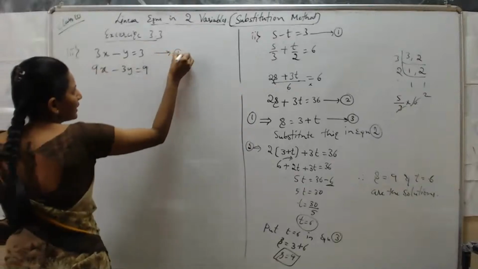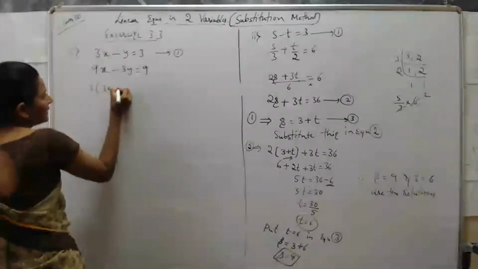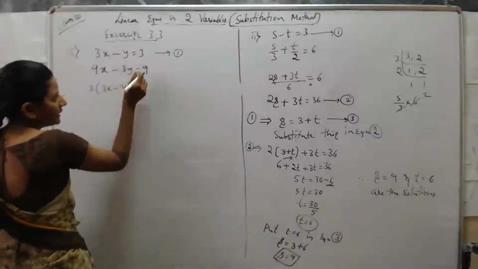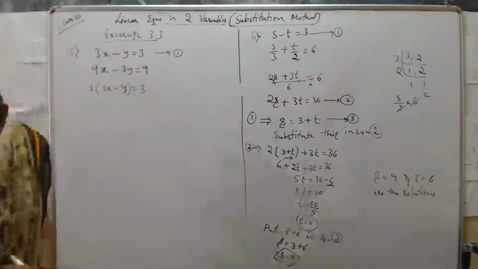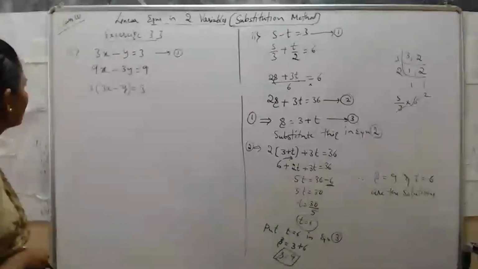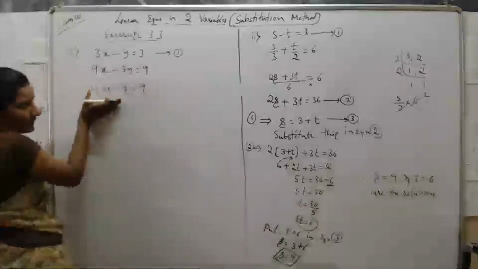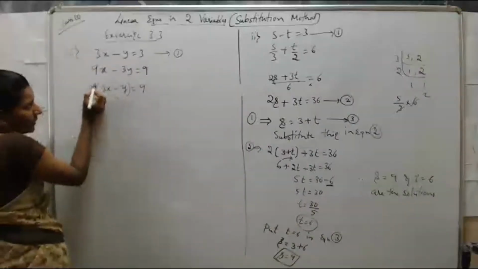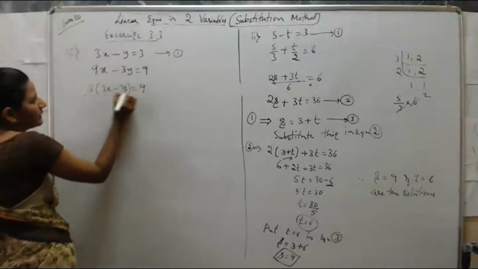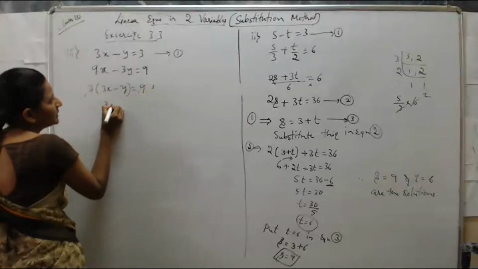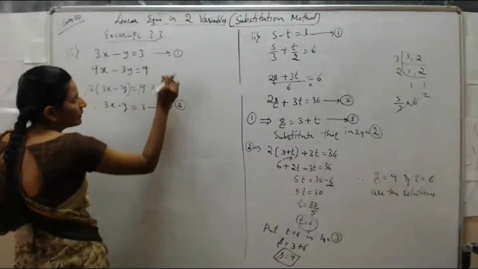See, here take this equation as 1. If you simplify this, take 3 common in the second equation: 3 3s are 9, 3 1s are 3. It becomes 3x minus y is equal to 3, which is equal to equation 1.